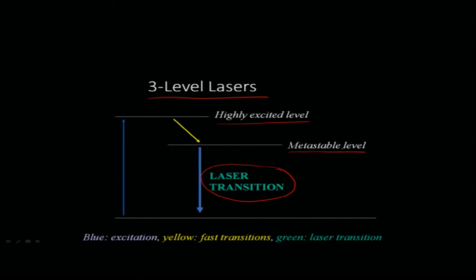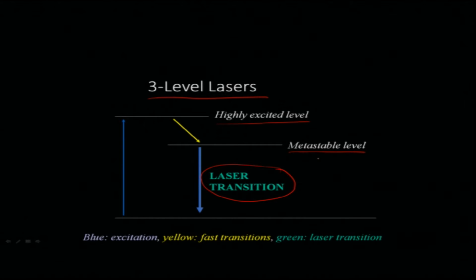Now, this is a possible scenario because the metastable state can be something where the population can come down after going through the highly excited level, and so it can grow the population of the metastable state. If it has stability to some level, so that it does not decay quickly, it will accumulate population, and an inversion of population with respect to the other state where it started from can get higher, and so you can have an inversion.